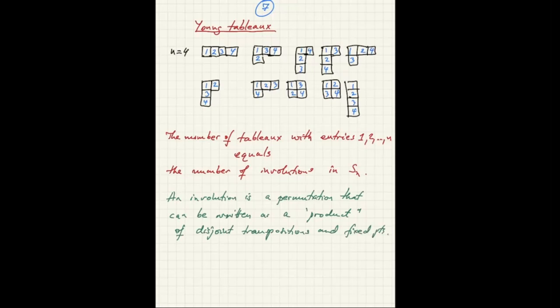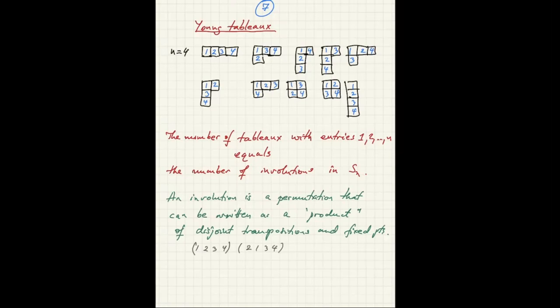So here I will write these permutations in one-line notation. The first one is the identity, 1, 2, 3, 4. That one has 4 fixed points, so we consider them as disjoint cycles. Then the next one, 2, 1, 3, 4.